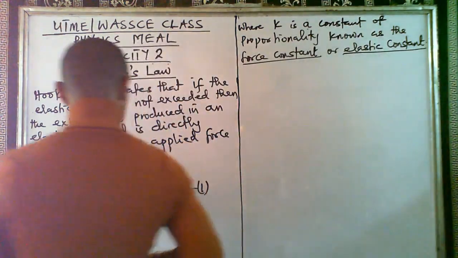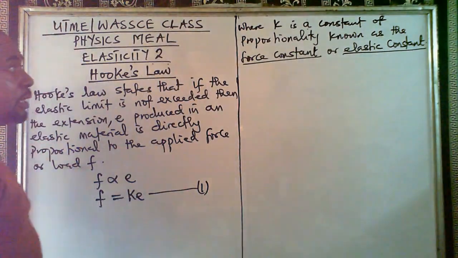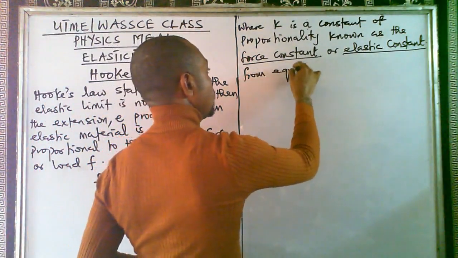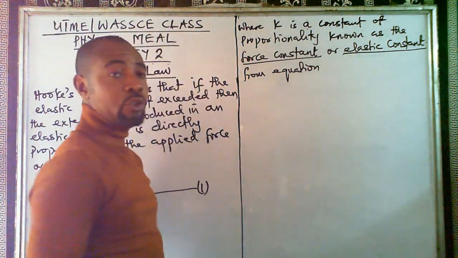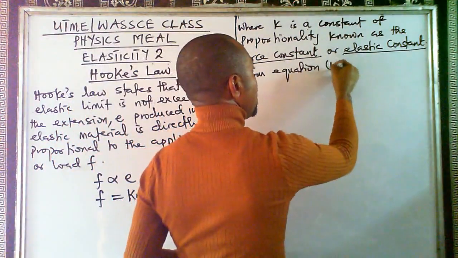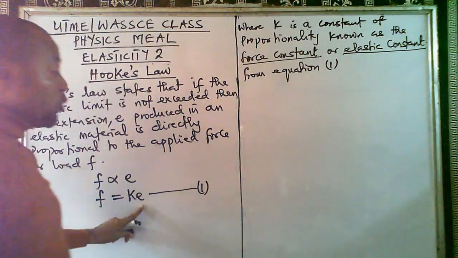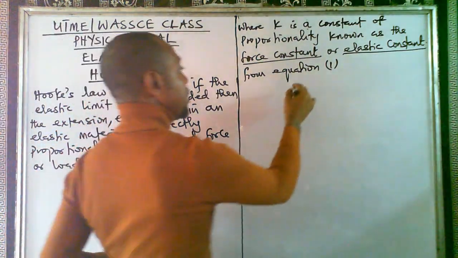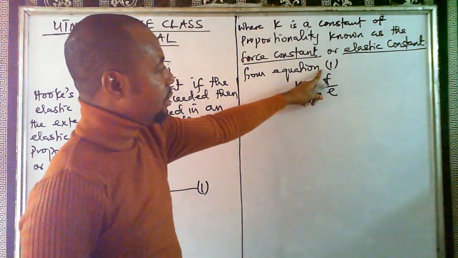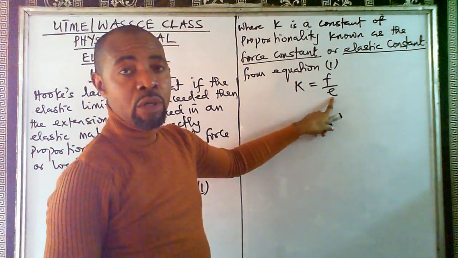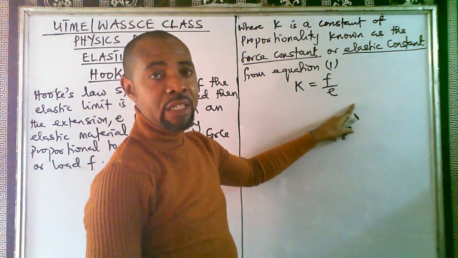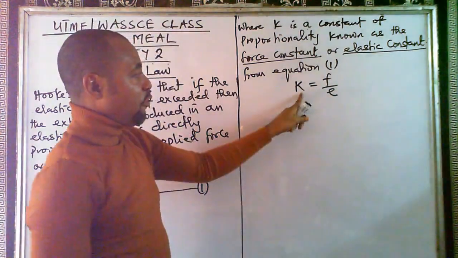Okay, so if we make K the subject of the formula from equation 1, we really want to define K and also state the implication of K immediately. From equation 1, we have F equal to K E. Therefore, K will be equal to F over E. F is the force, E is the extension. So you notice that K is force per unit extension. What is the force constant?